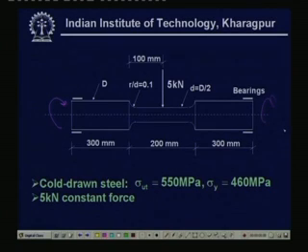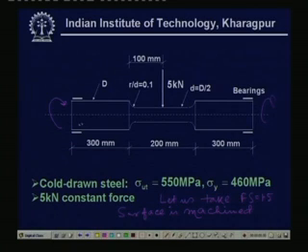We have taken a material, cold drawn steel, for which the ultimate and the yield point values are given as in this particular sheet, and let us take a factor of safety 1.5, and let us also consider the surface to be machined surface.